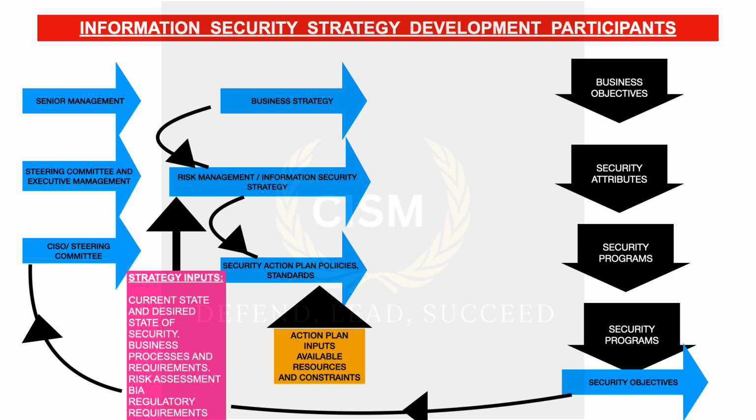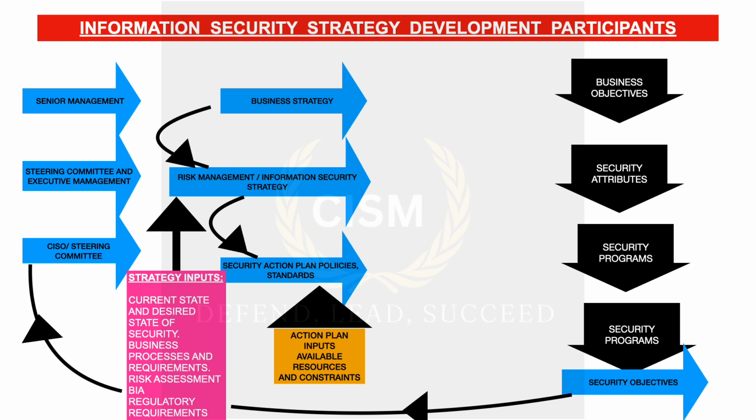Friends, this figure shows how people work together to create a security plan. Friends, this plan is connected to the goal of the business, right. The arrow labeled business strategy is like a path leading to achieving the business goals, right.